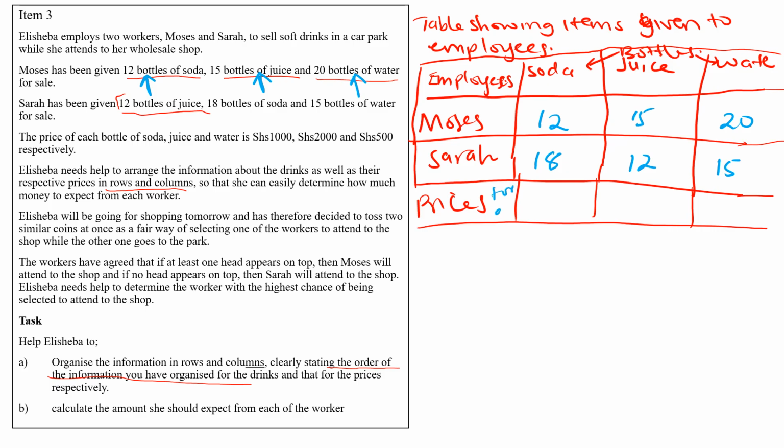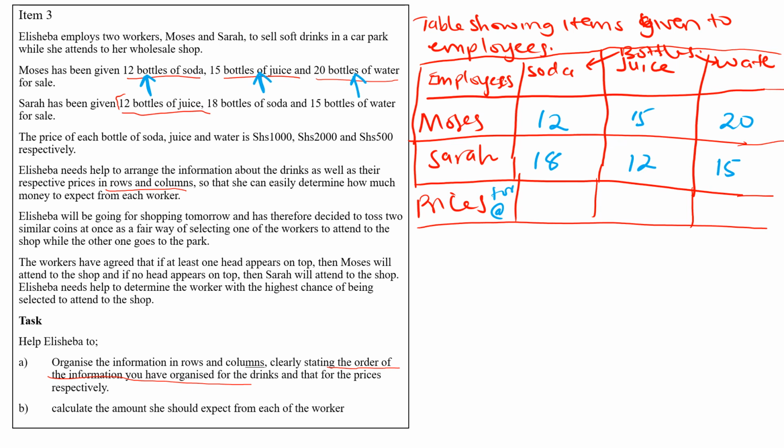So how much is each bottle? Prices for each. Now here we shall come and say the price of each bottle of soda, juice and water is 1,000, 2,000 and 500 respectively. So it means that each bottle of soda is for 1K, each bottle of juice is for 2,000 and each bottle of water is for 500.